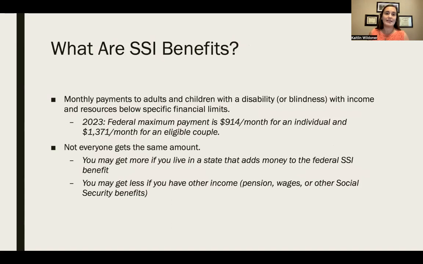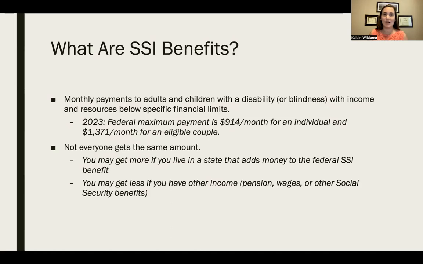So what are SSI benefits? SSI benefits are monthly payments to adults and children with a disability or blindness who have income and resources below those thresholds that we talked about before. In 2023, the maximum federal payment is $914 a month for an individual and $1,370 a month for an eligible couple.